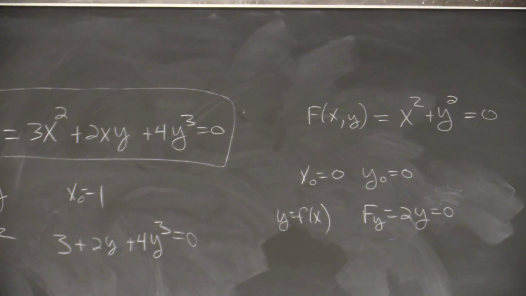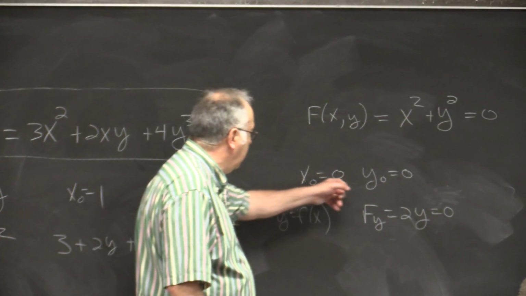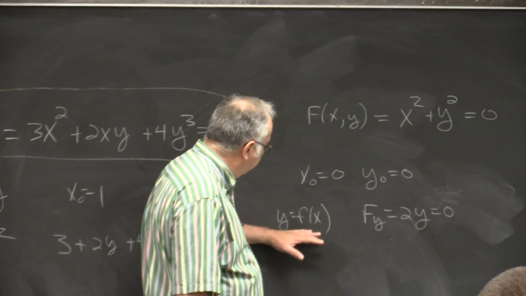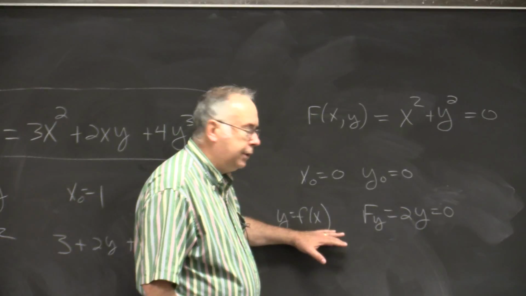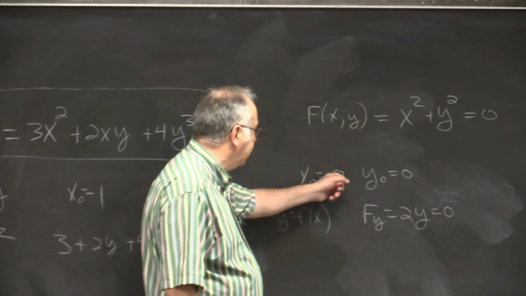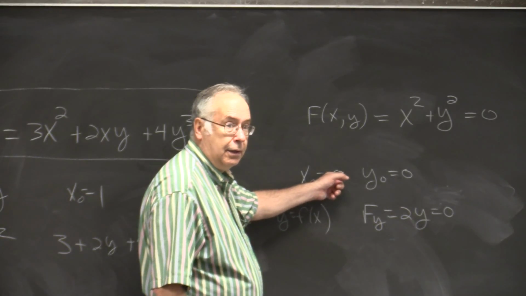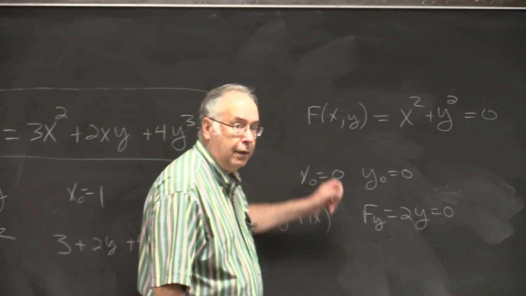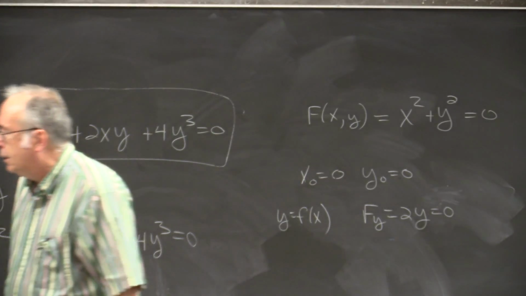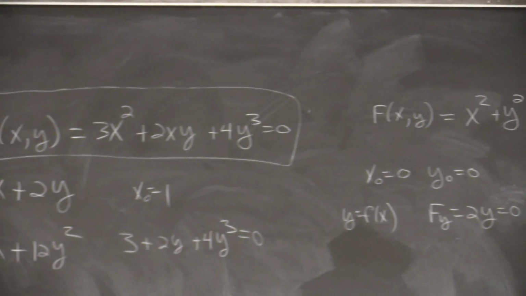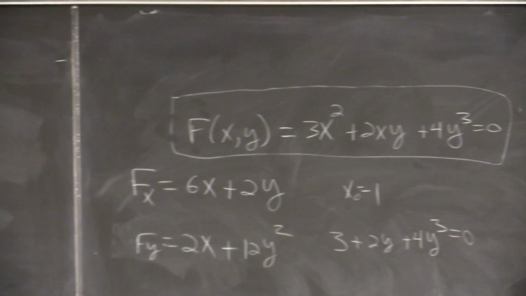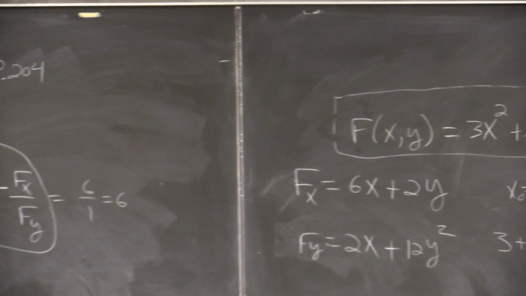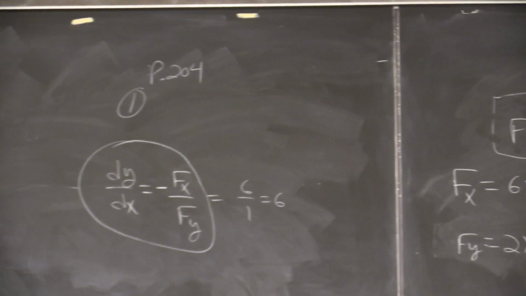You need a neighborhood around x of 0 in which you can express y as a function of x. But there's no neighborhood around this. This is the only point that satisfies it. Or if you go back to the first example, where we had this circle.